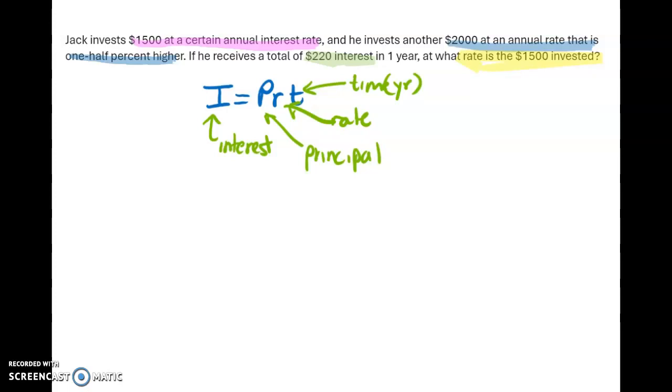Let's talk about this. So what do we know from the problem? He gets $220 total for the year in interest.